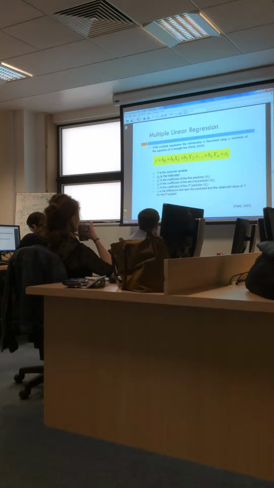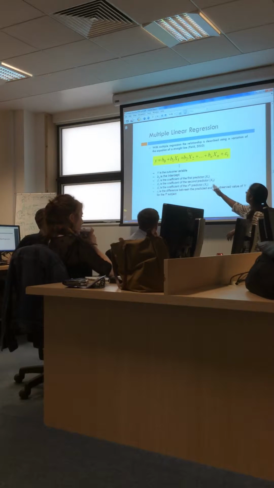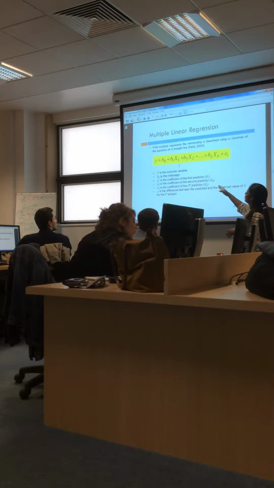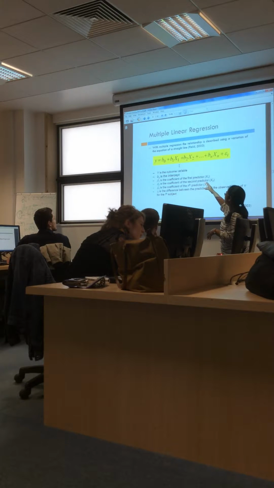Y equals b naught, which is one constant that you get when you perform the analysis, plus b1, the coefficient of the first predictor. The coefficient means there is a certain percentage of variable 1, a certain percentage of variable 2. Maybe how much a person enjoys his job is b naught, some constant, plus 0.5, 50% you can explain through his age.